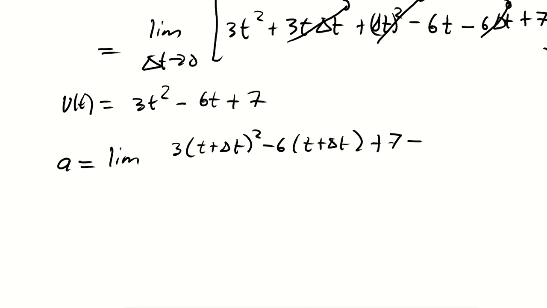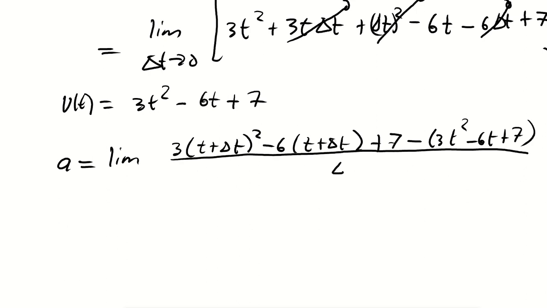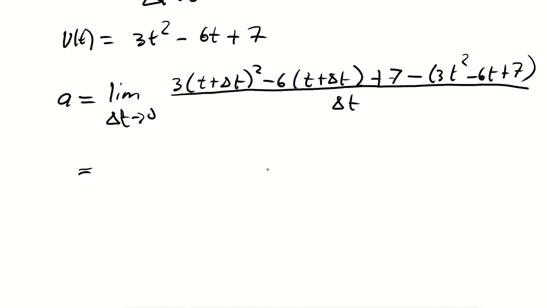Then minus v of t. This is 3t squared minus 6t plus 7 all over delta t as delta t approaches 0. Then take the limit or simplify first.